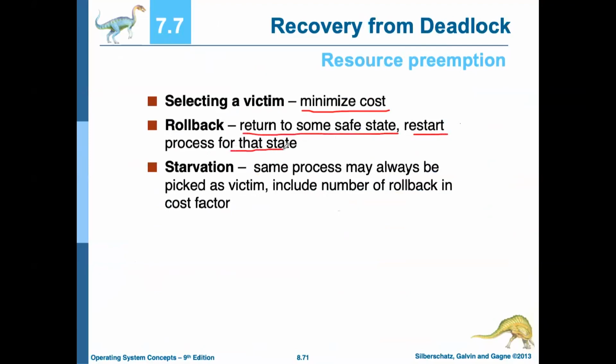Or we start at the beginning, rollback. Starvation: some process may always be picked as victim. Include number of rollbacks in the cost factor. Okay, this can happen.